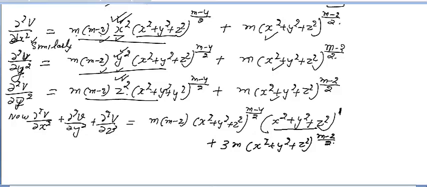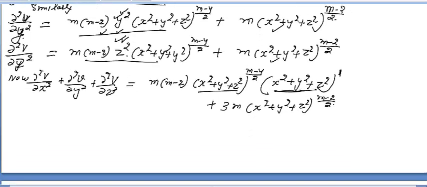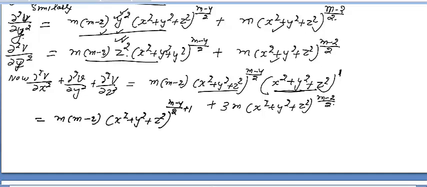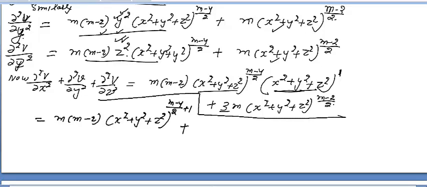When the bases are same, power will be added. So what you will get here? You will get m into m minus 2 (x square plus y square plus z square) raised to m minus 4 by 2 plus 1. This is separate. Plus 3m (x square plus y square plus z square) raised to m minus 2 by 2. Very much clear.